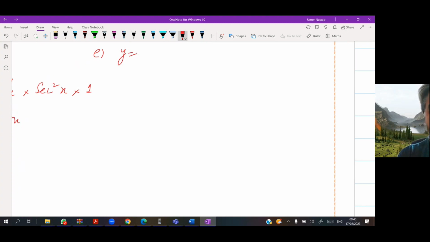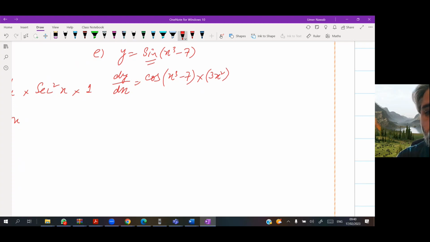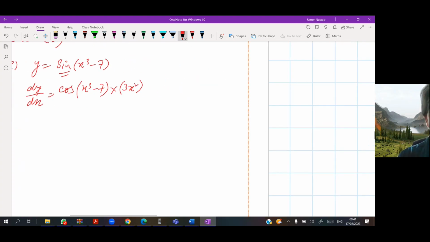y equals sine of x cubed minus 7. So dy by dx, derivative of sine is cosine, argument as it is. Further derivative of the argument is 3x squared. I can leave the question here.